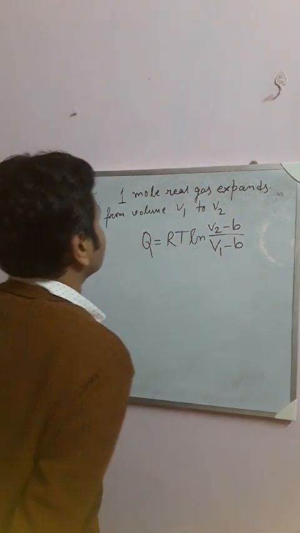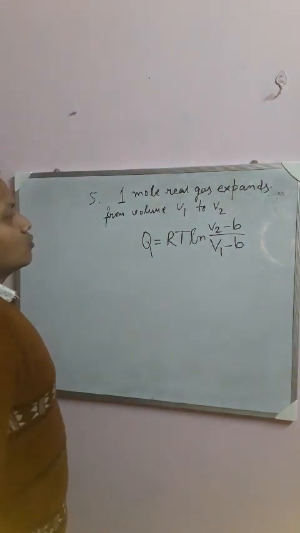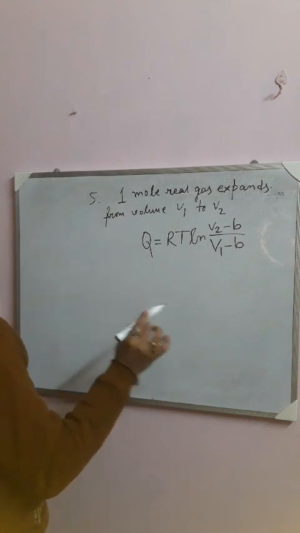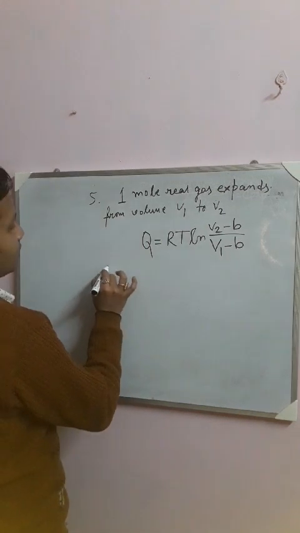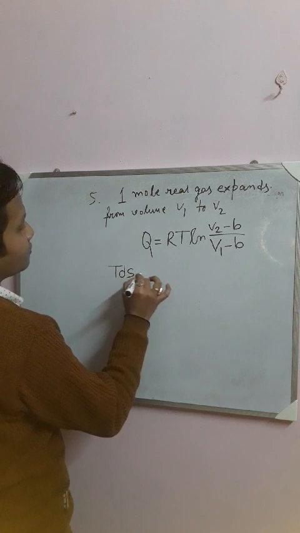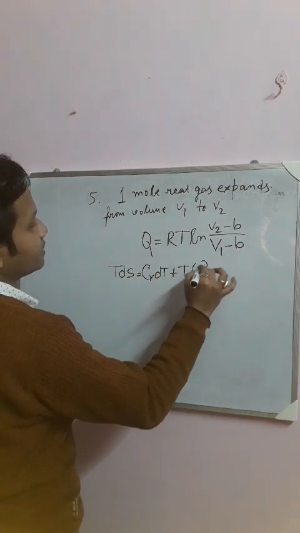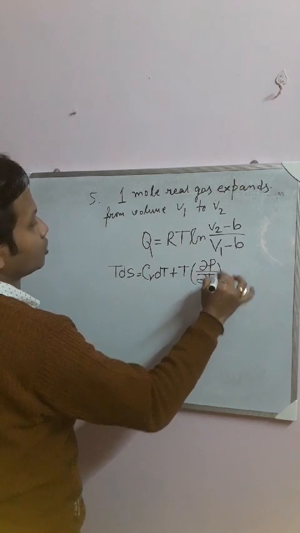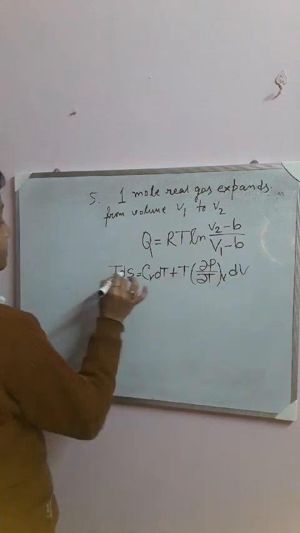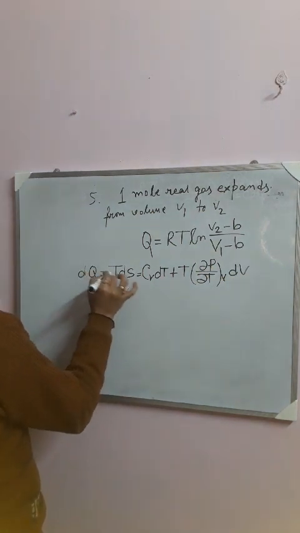Okay. So we have to start from the first TdS equation. What is that? TdS equals CV dT plus T del P del T at constant volume dV, and dq means TdS, so you can also write it.